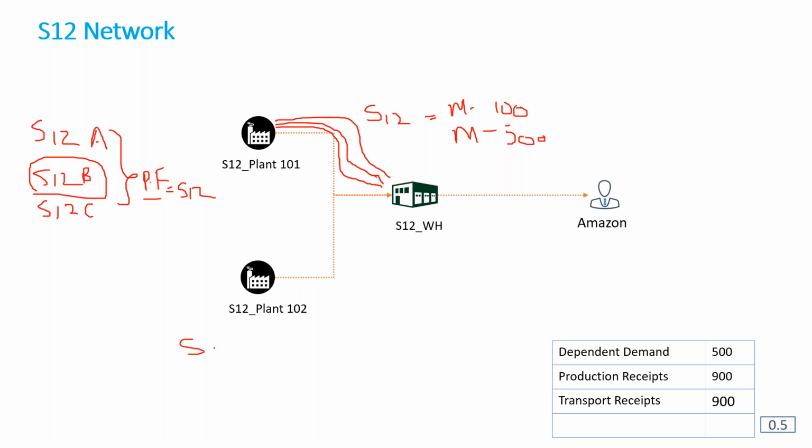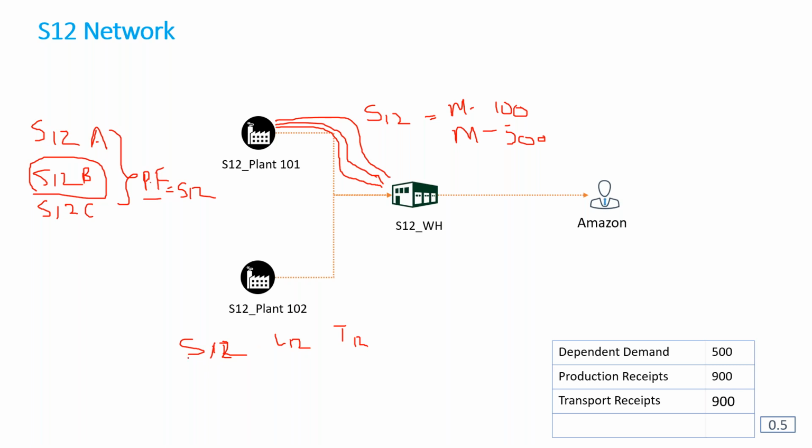For example, there is one product family S12, and then there is L12, which is laptops. S12 is smartphones, L12 is laptops, and T12 means tablets. You're making all these gadgets inside your plant 102.